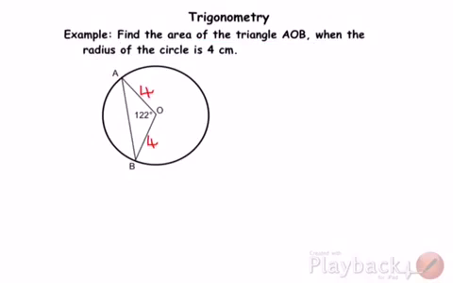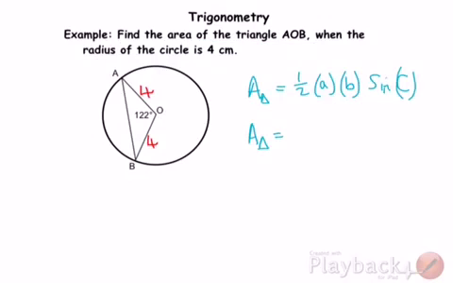Then I'm going to write out my formula: the area of a triangle is equal to half AB sine C, and again remember that your C has to be your included angle. The two sides that I know are 4 and 4, so 4 is my A and 4 is my B, and their included angle is this one here at AOB, the 122.